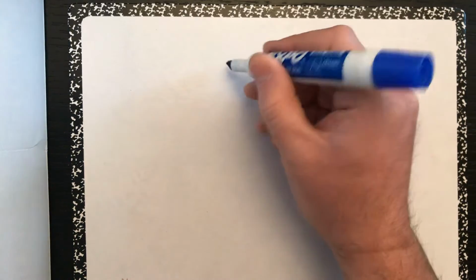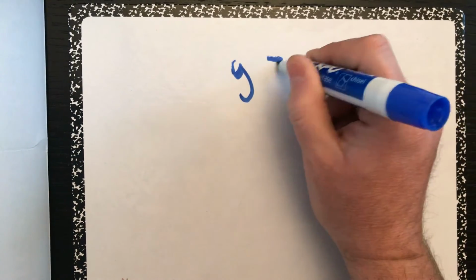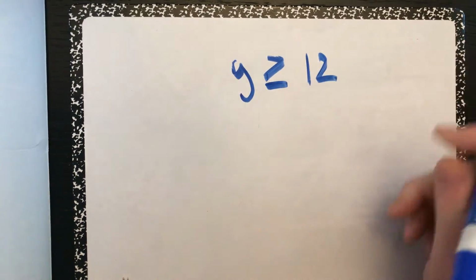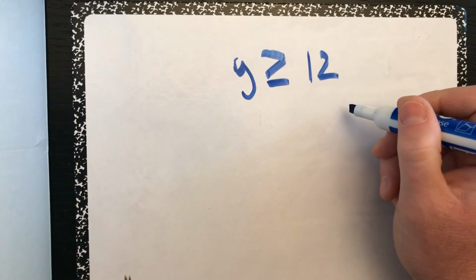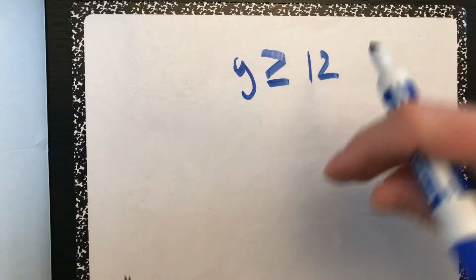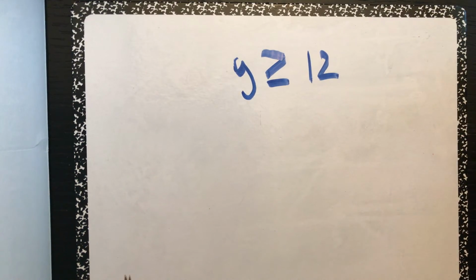Well, you would just write y must be greater than or equal to 12. So that's writing an inequality from words, all right? And keep in mind, I'm doing problems 1 through 4 here on page 167.